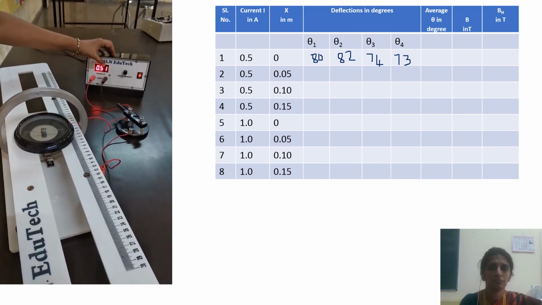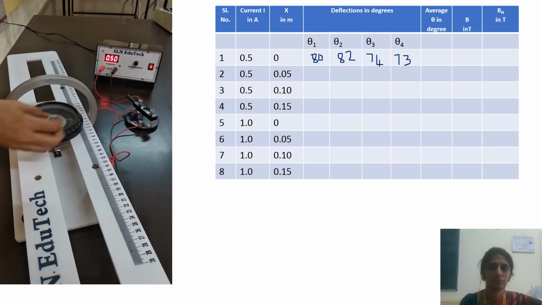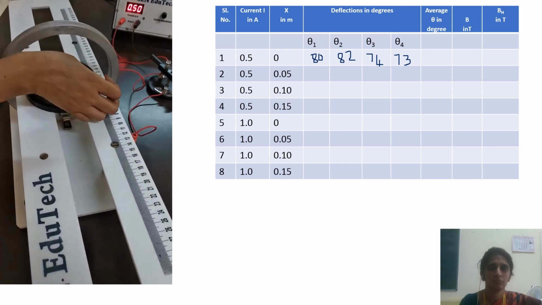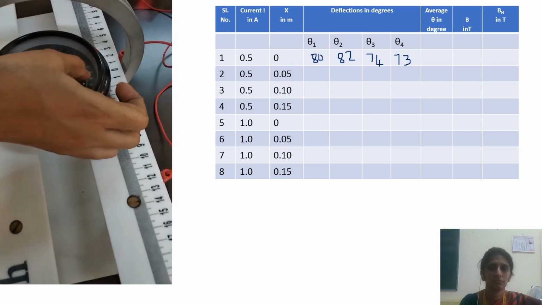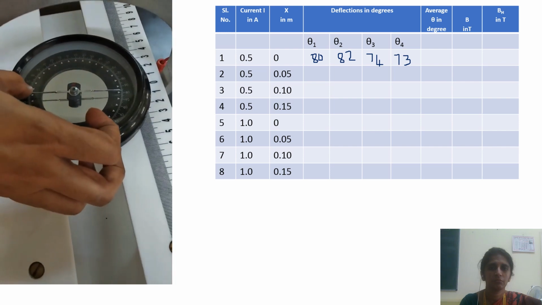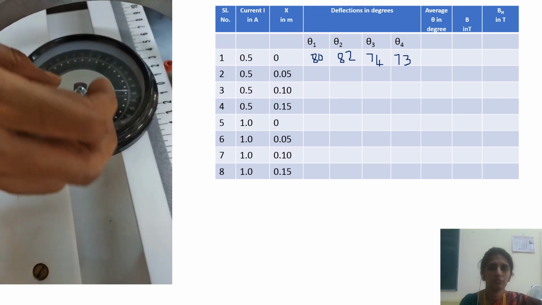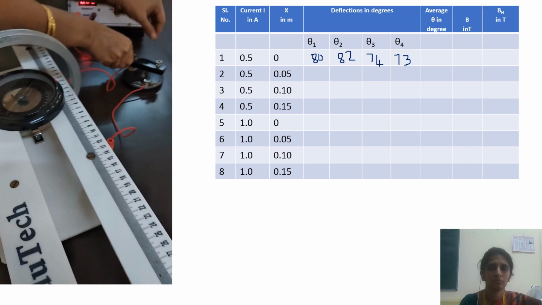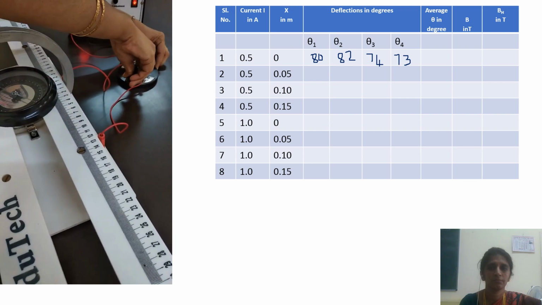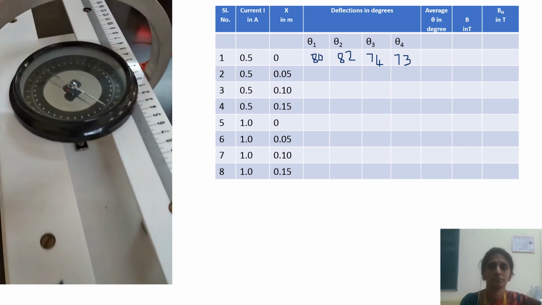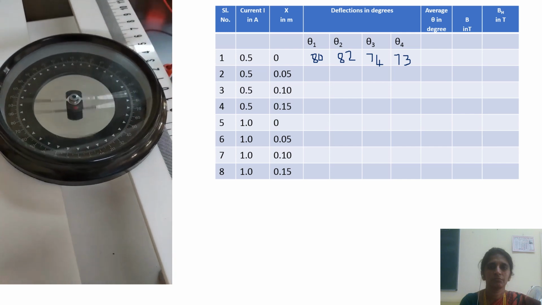Initially 0.5, and we have to note down theta 1, theta 2. Theta 1 is 80 and theta 2 is 82. Reverse the direction of the current. Now note down theta 3, theta 4.